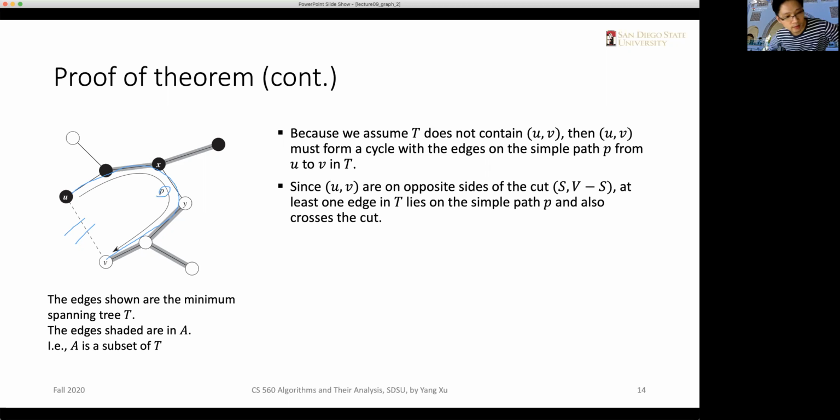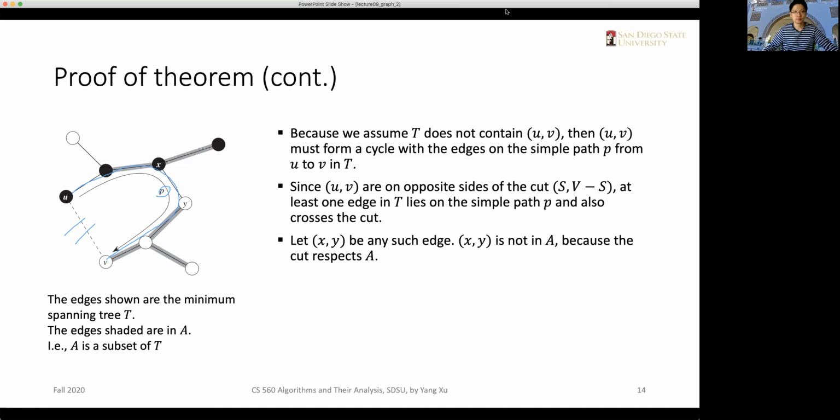And then let's assume that since U and V are on opposite sides of the cut, which is given as an assumption in the theorem, at least one edge in T lies on the simple path p and also crosses the cut.